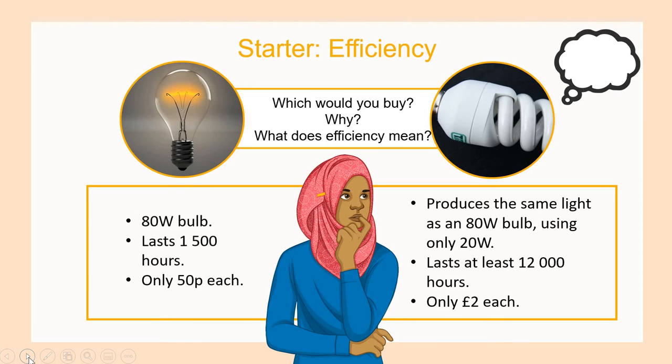And it's not that much more expensive. So, over time, I will spend less money. Also, it's only a 20 watt bulb rather than an 80 watt bulb, and that means it uses less electricity to light my room the same amount. So I'm not only going to save money buying the light bulbs, but I'm going to save money on my electricity too.